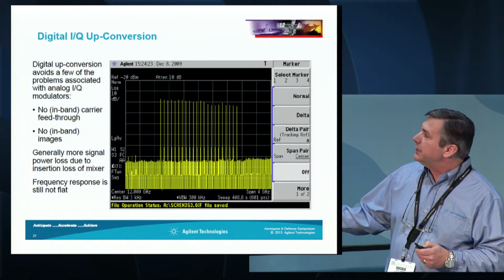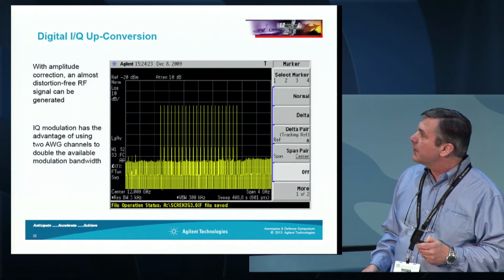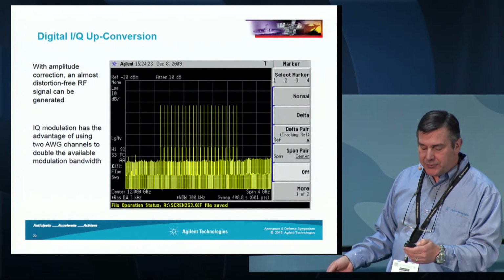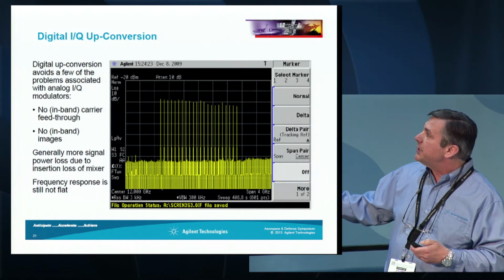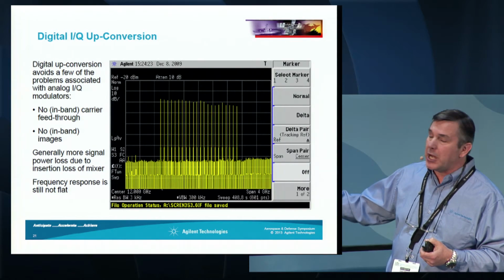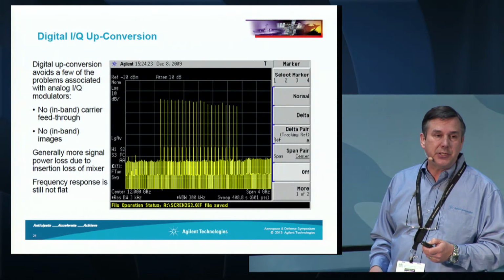So what if we could do IQ modulation digitally, or with math in software, in real time? That's really where we want to get to. And here's an example, of course, of no in-band images, no feed-through. You still have the effect of some of the magnitude frequency response here, but the other distortions of the IQ modulator have disappeared.